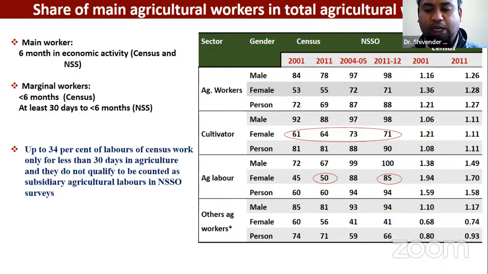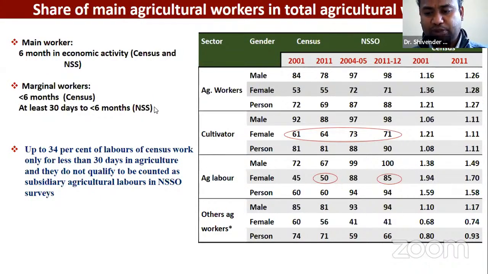And then the other class of worker we call the marginal worker. It is always possible that a person may be employed as a main worker on the major time criterion, but he may also do another activity for a short period of time, so he may also be classified as a marginal worker. The census defines that a worker will be a marginal worker if he is working for less than 6 months.